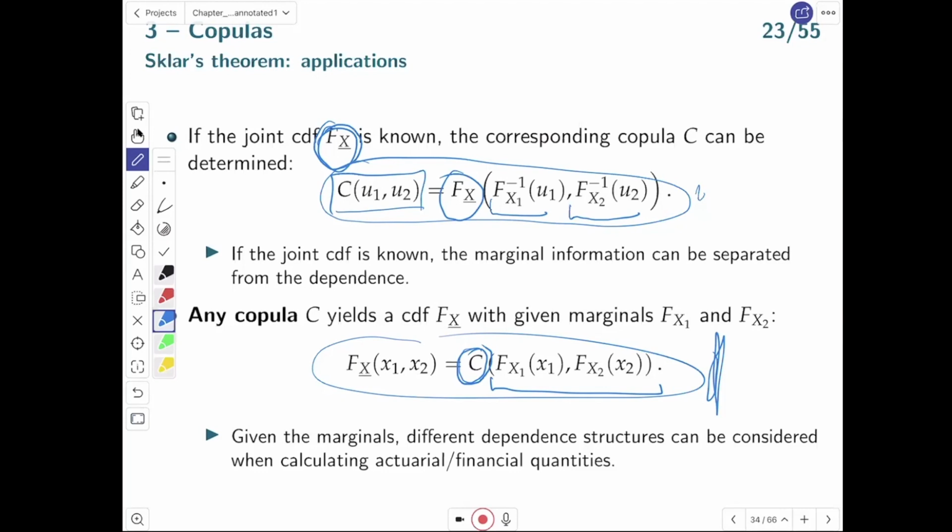Maybe assume that you read the paper, you see there a multivariate model. You say, well, I really like that model from a dependence point of view. But you say, well, that model is using a certain assumption on the marginals, and in my situation, I have different marginals, right? So you cannot directly apply that model.